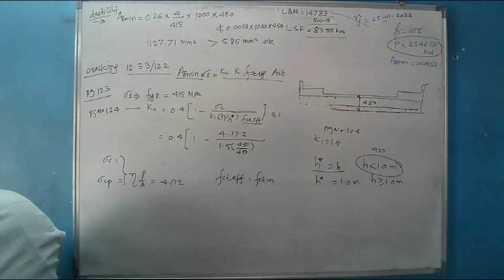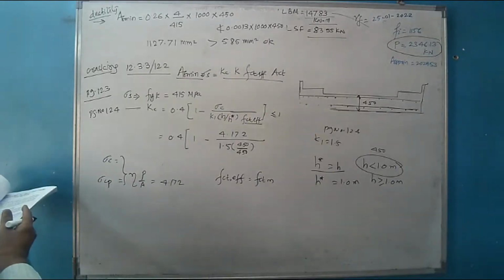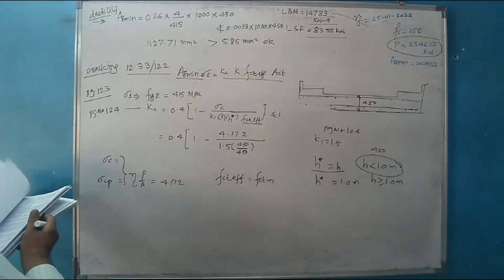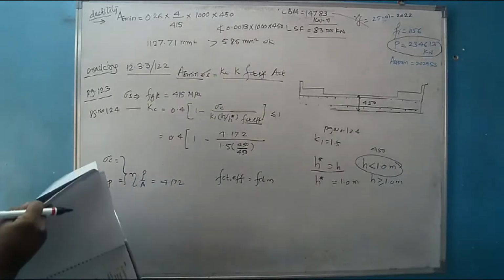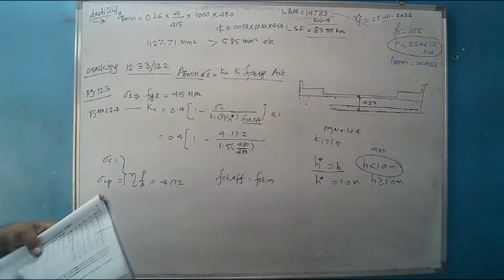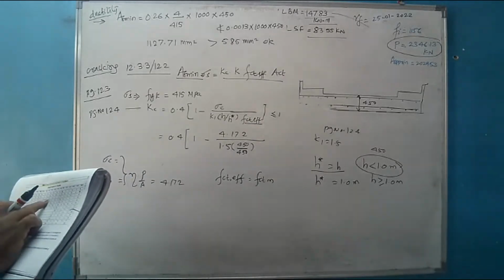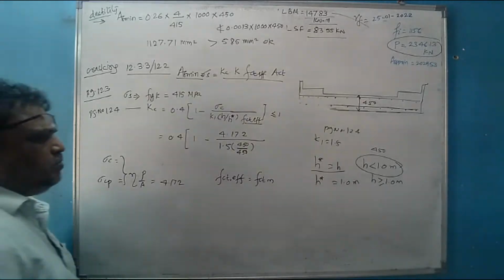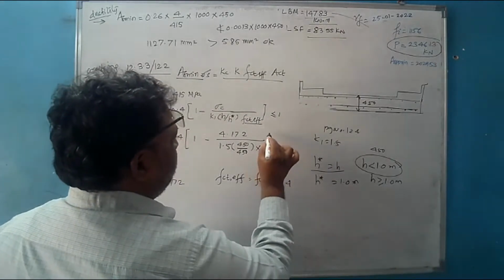Please refer table 6.5. FCTM का वैल्यू अवेलेबल है वहां पर. What is the value of FCTM? It is 4. This is equal to 4.